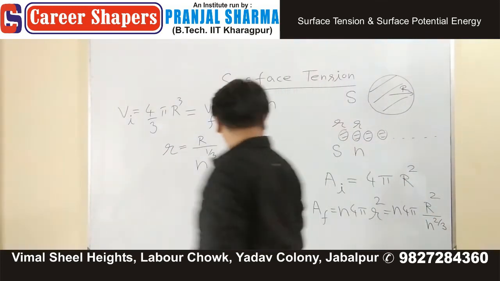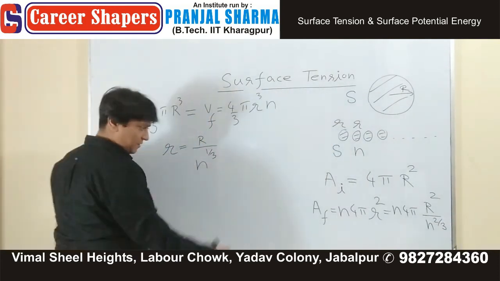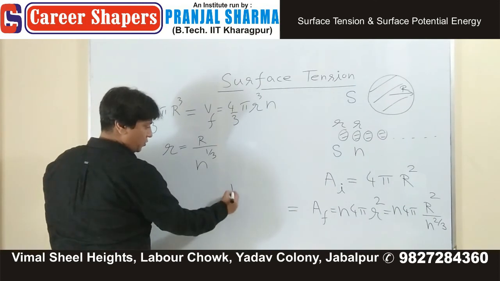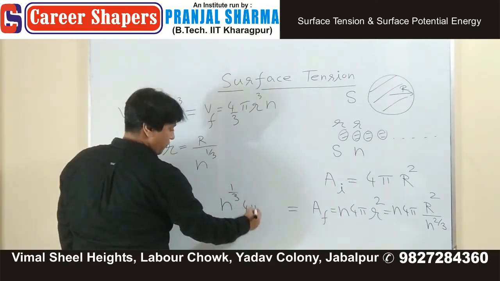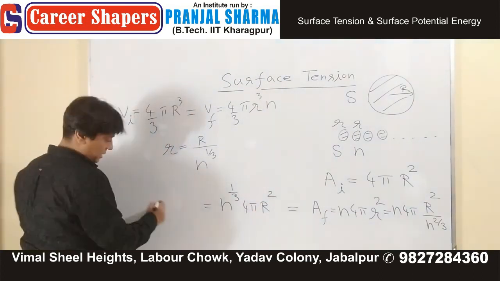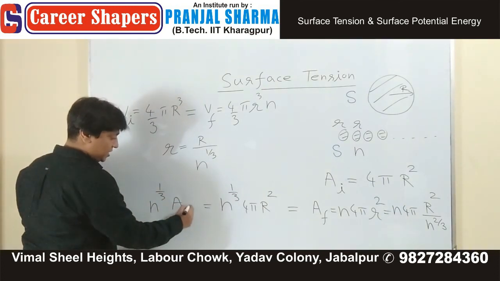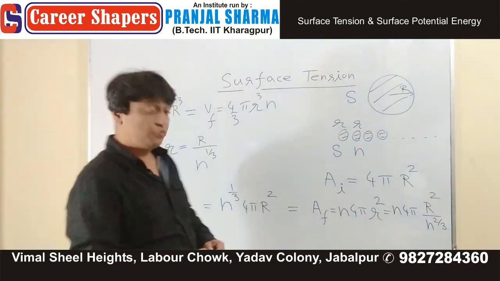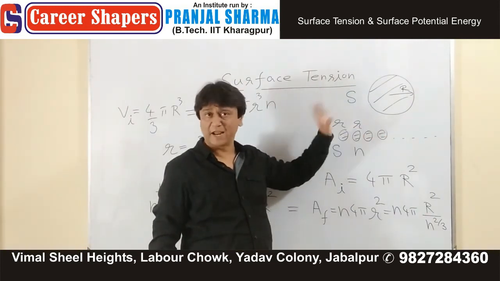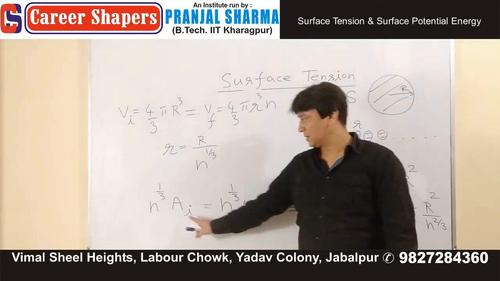Square of this is n to the power 2 by 3, and if everything is correct, then this is coming n to the power 1 by 3 into 4 pi r square, or n to the power 1 by 3 A initial. So final area of all these drops taken together is cube root of n times initial area.